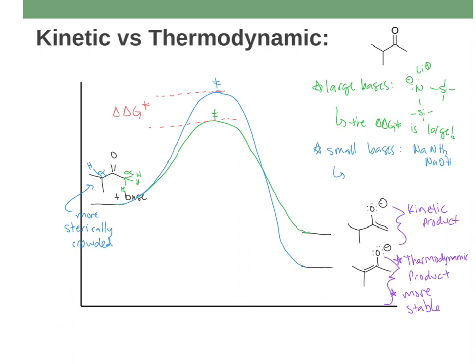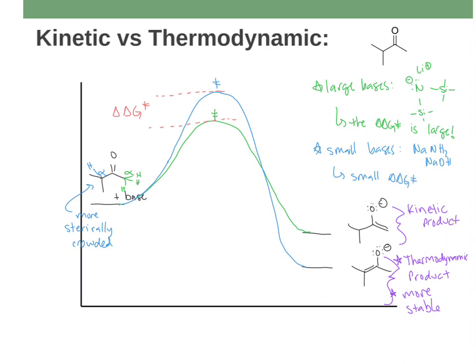They're going to have a small delta G double dagger because the base is so small, it's not going to really interact too much more with the tertiary side versus the methyl side, right? The left-hand side versus the right-hand side. It's not going to be that big of a difference. Yeah, it's going to bump into more things on the left-hand side, but not so much more that the difference in their transition energies is that large, right? So it's going to be much, much more similar. So it's not going to be as big of a difference.